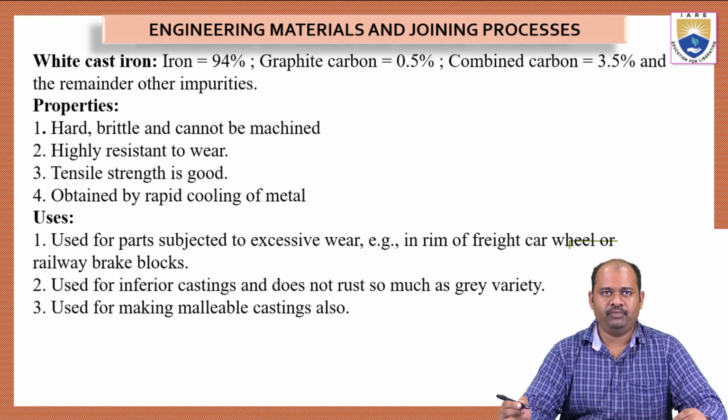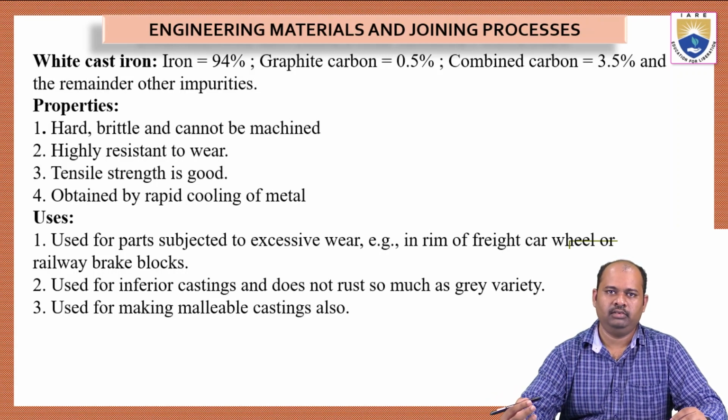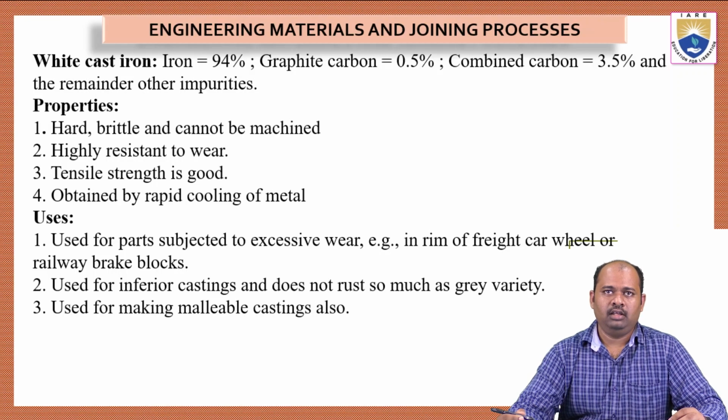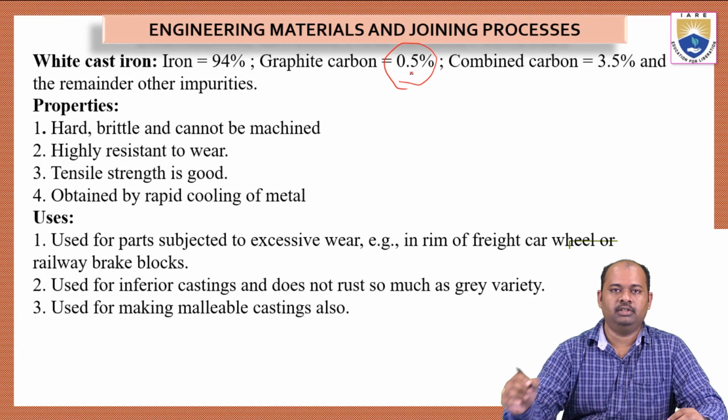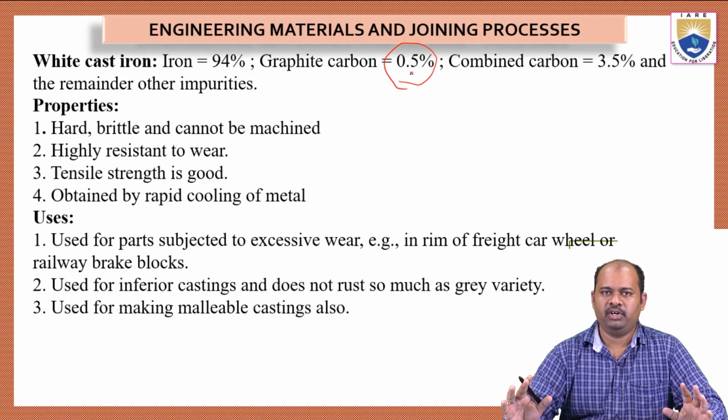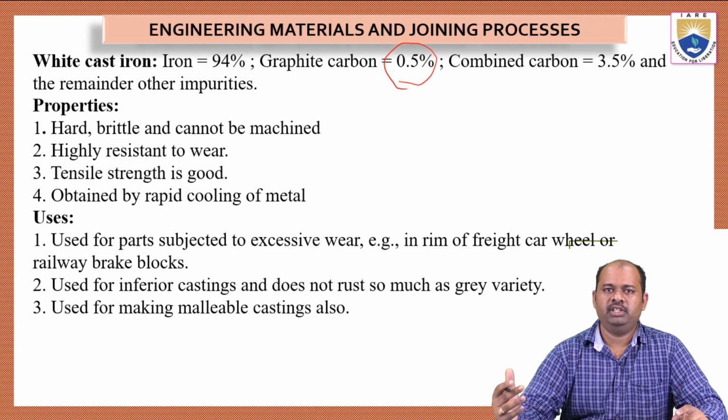Now the next type of cast iron is white cast iron. White cast iron contains about 94% of iron and the carbon percentage is about 0.5%. Previously, we have seen grey cast iron which contains about 2 to 3% of carbon.